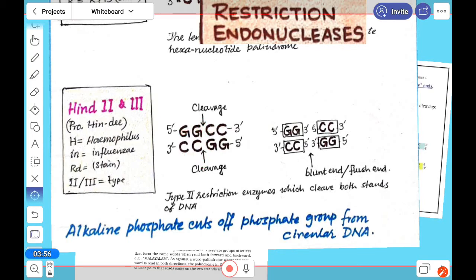Suppose GGCC, it can cut in the middle, the normal cutting, which is called the blunt end or flush end. This type 2 restriction enzyme cleaves both the strands of the DNA. Alkaline phosphatase cuts off the phosphate group of the circular DNA. So these are the two cutting methods that you will learn now.